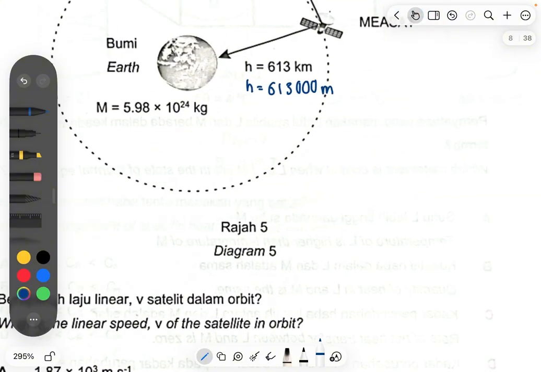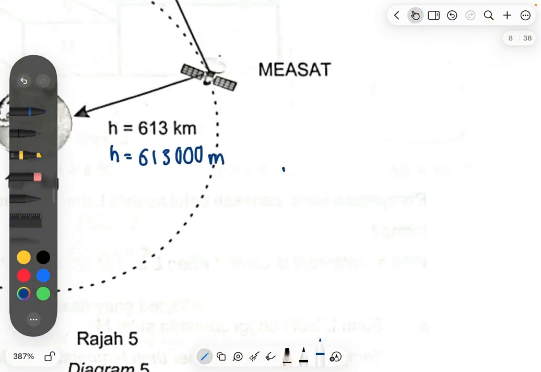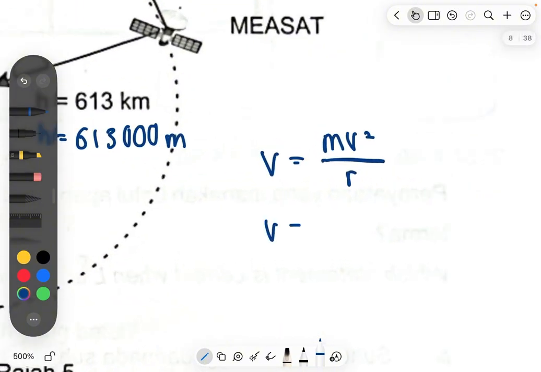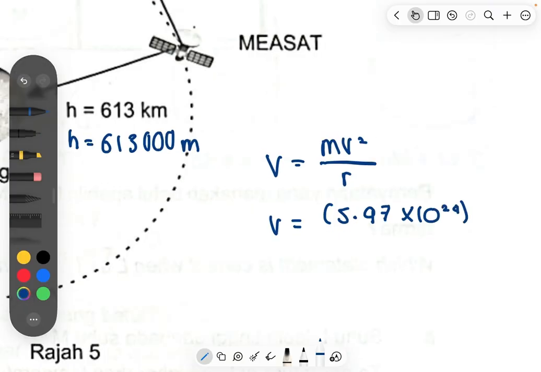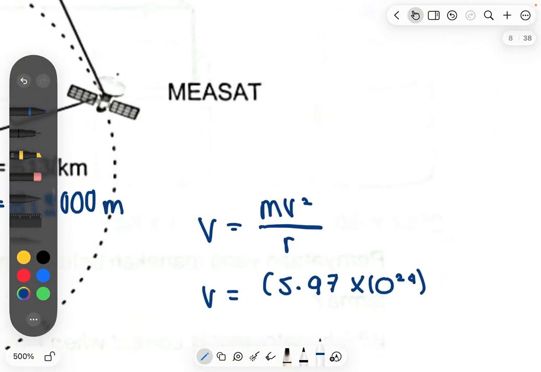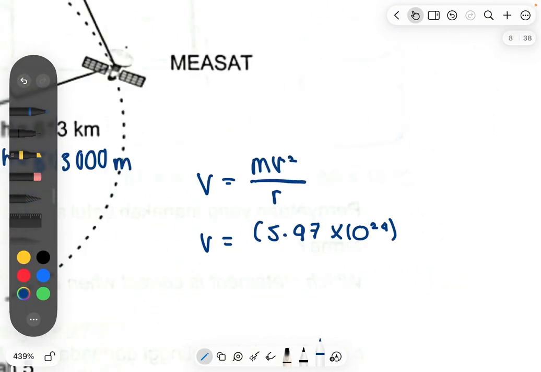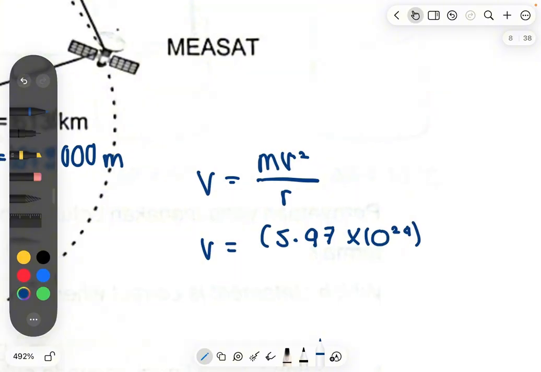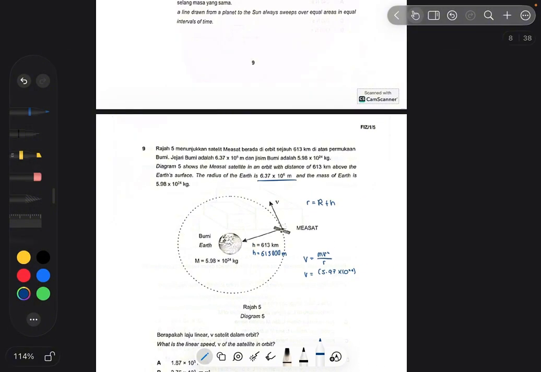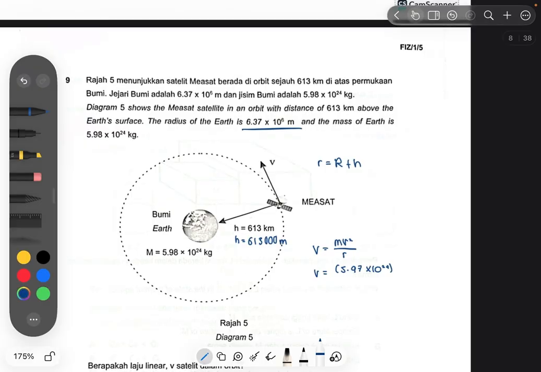Okay, so what is the linear speed v of the satellite in orbit? Do I remember the formula? Linear speed is different, it's mv squared over R. So v is equal to 5.97 times 10^24. This looks like this is an R. Is that right? Chincha, is this the linear speed formula?